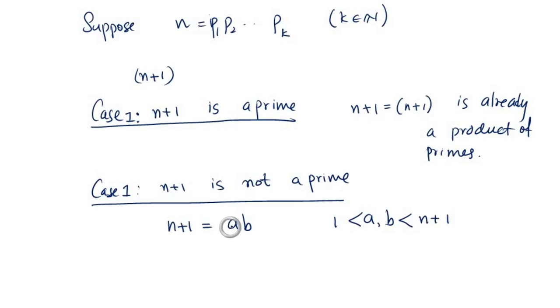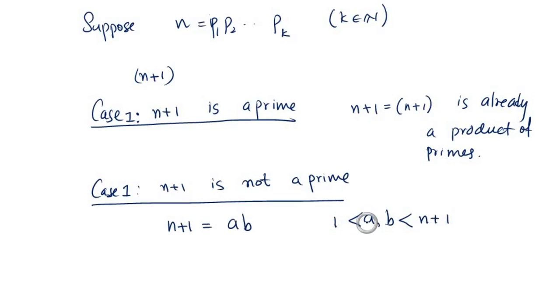Therefore, if one of these is a factor greater than 1 and less than n plus 1, then the other one should also be greater than 1 and less than n plus 1.